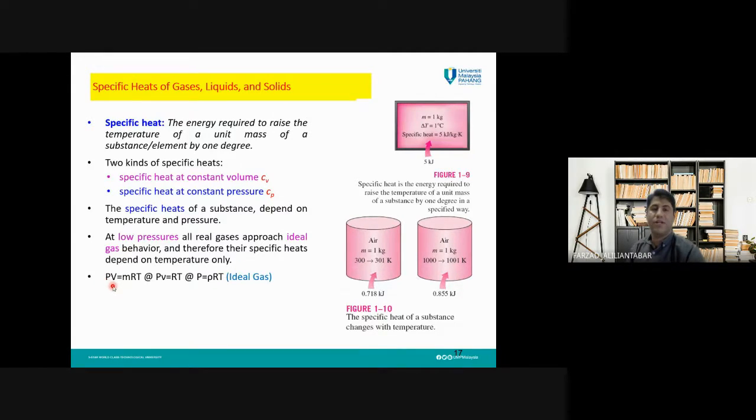This P is pressure, V is the volume, m is the mass of the system, R is the gas constant, and T is the temperature of the gas. For ideal gas, we have this equation. So by this, if we have P, V, and T, for example, or m, we can calculate each one of these parameters based on the other ones. So this is also helpful for dealing with the gases.